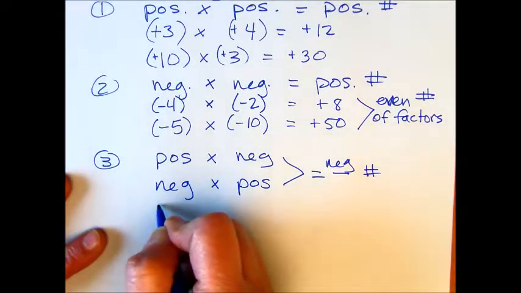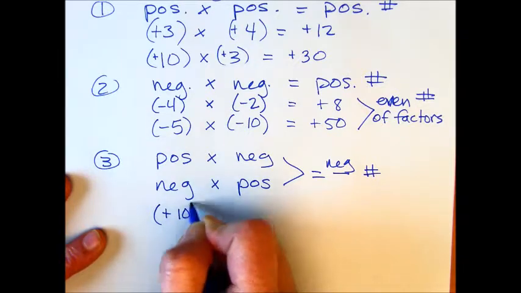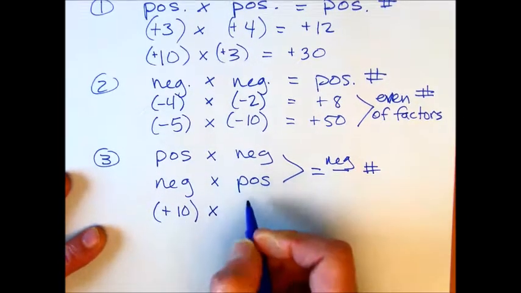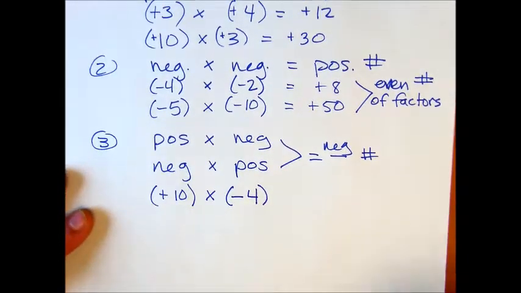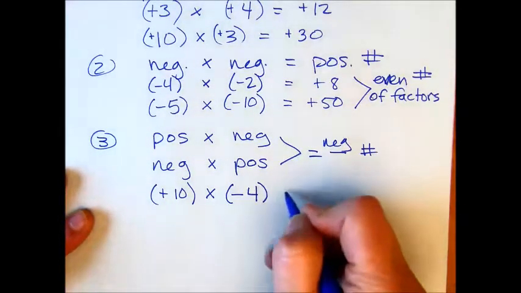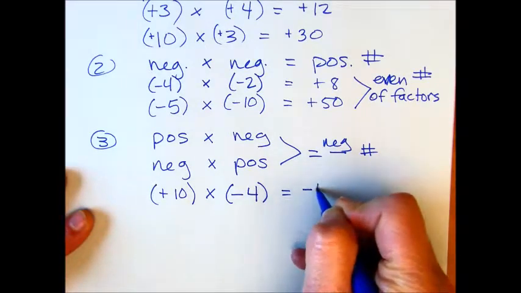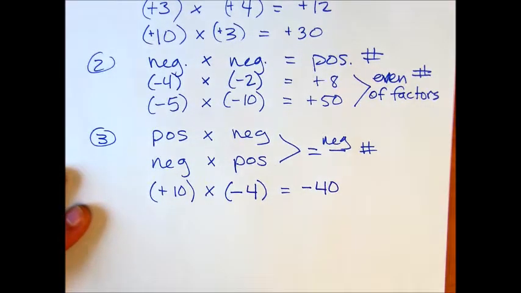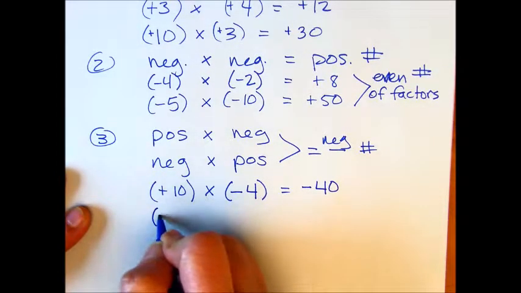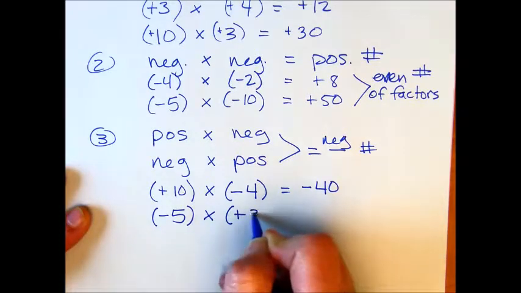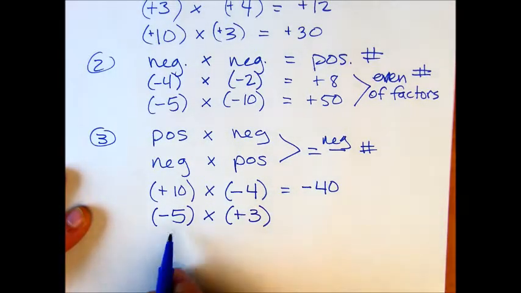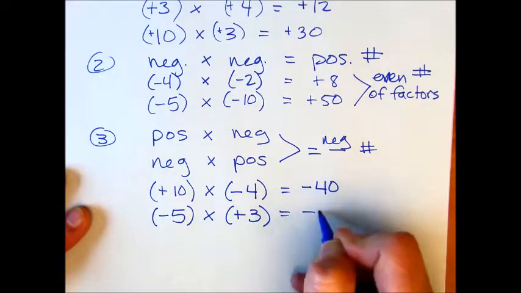Say we have a positive 10, and we're going to multiply that by a negative 4. Well, 10 times 4 is 40, but our answer will be negative 40. Let's start with a negative first. Say we have negative 5 times a positive 3. When we multiply this, it's 15, but it's going to be a negative 15.